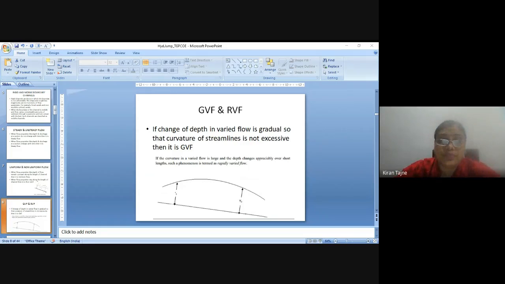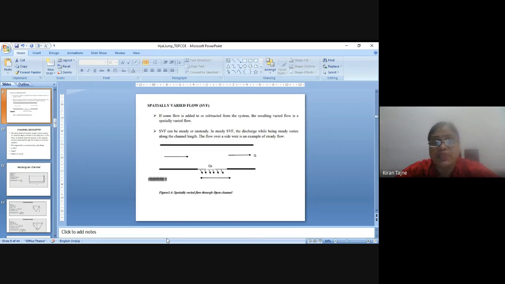Then we'll see spatially varied flow. What is a spatially varied flow? If some flow is added to or subtracted from the system, then the resulting varied flow is called spatially varied flow. SVF is nothing but spatially varied flow.